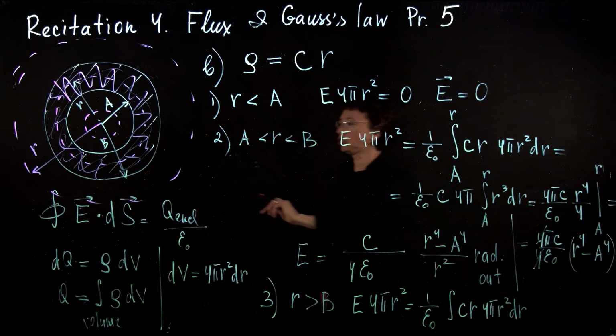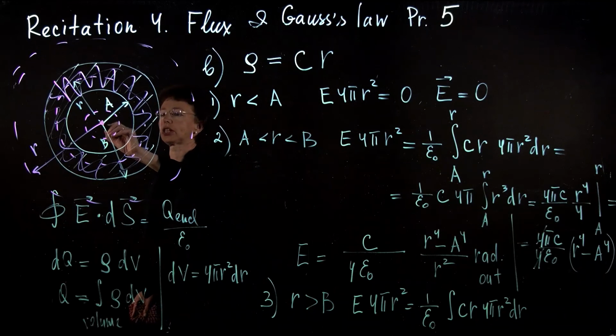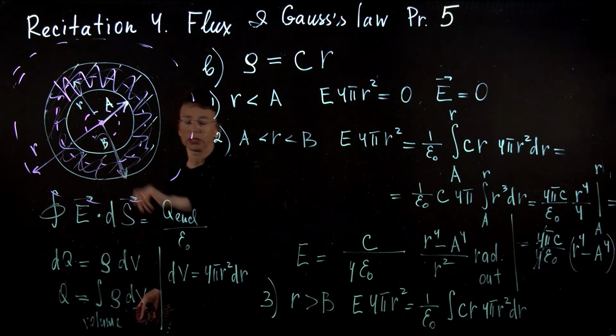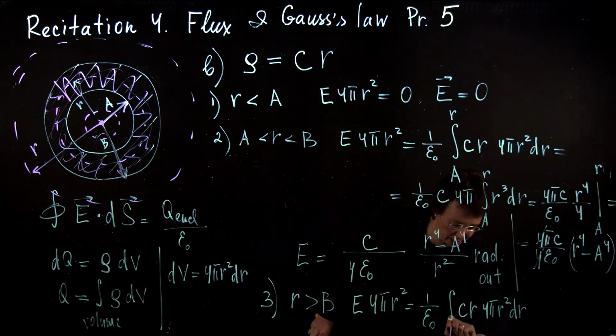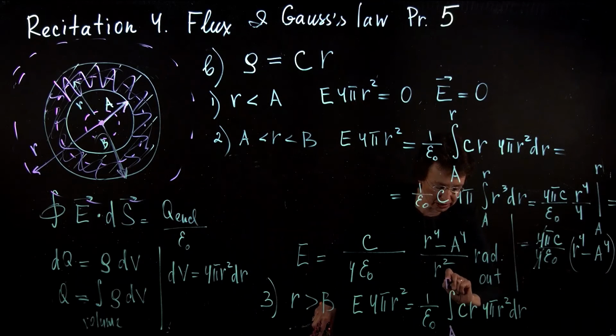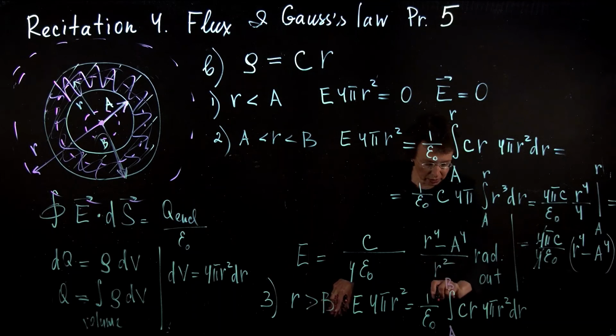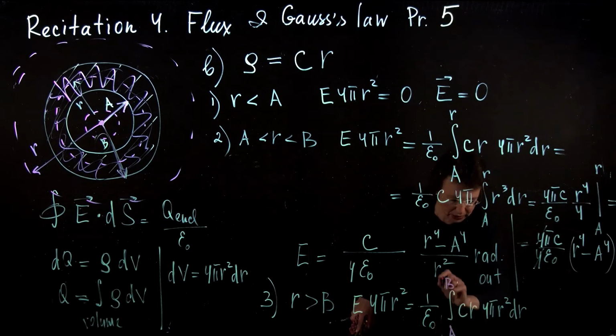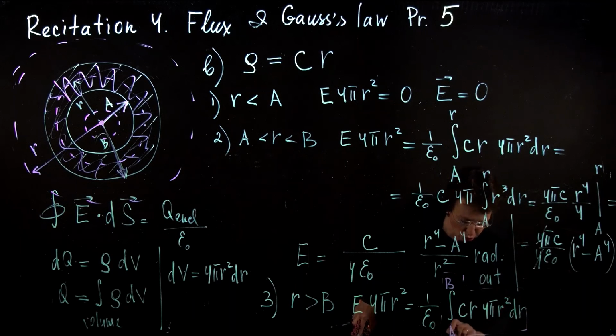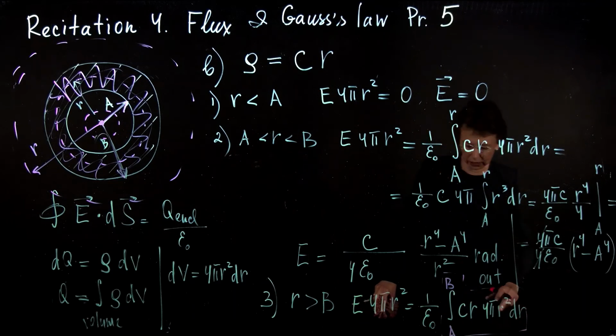I need to integrate where the charge is, and the charge is between A and B. So my lower limit is A, my upper limit is B, and what I'm finding right now, this integral, is the total charge of this spherical shell.